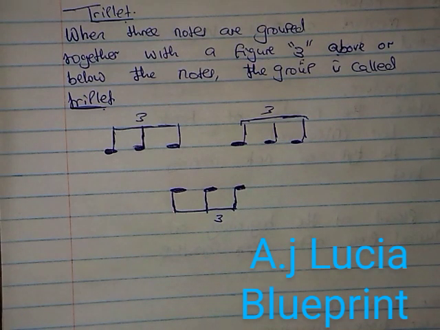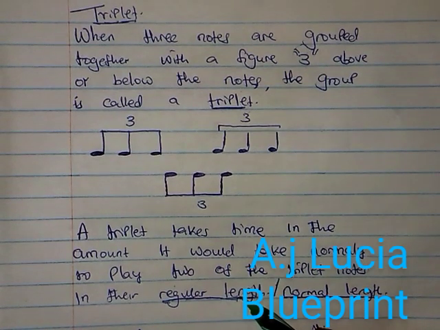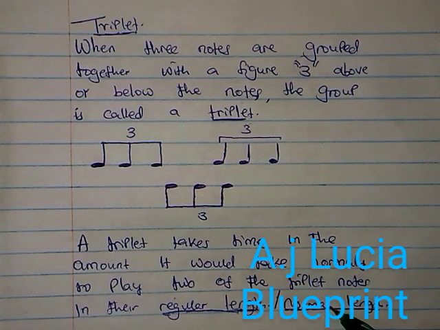These groups are referred to as triplets. A triplet takes time in the amount it would take normally to play 2 of the triplet notes in their regular length. And regular length is also the normal length.